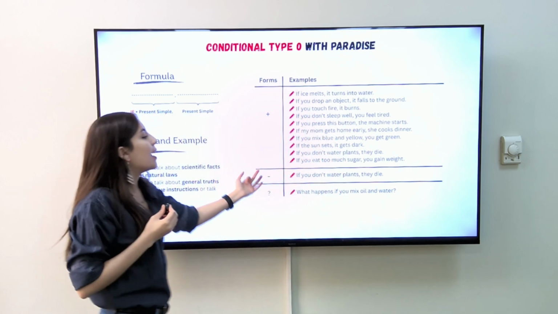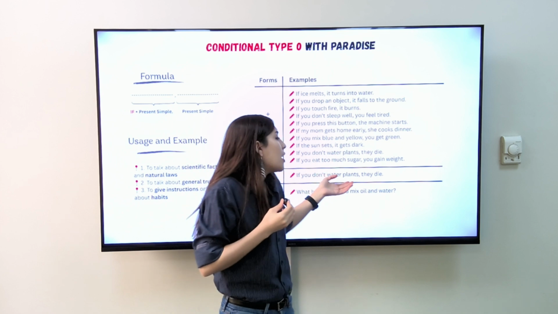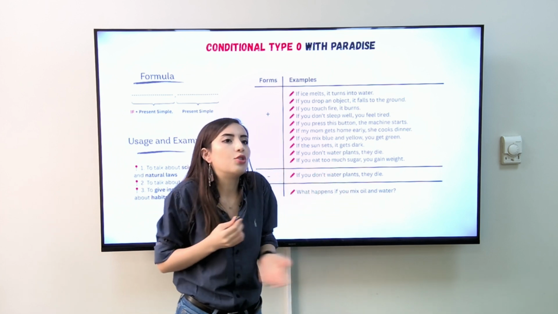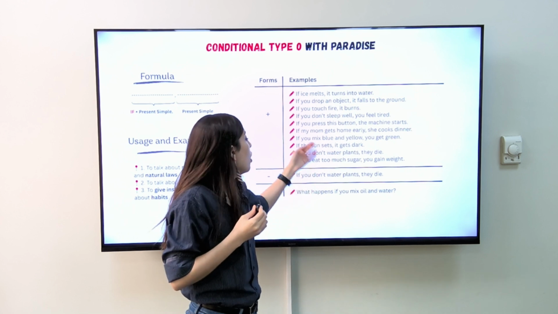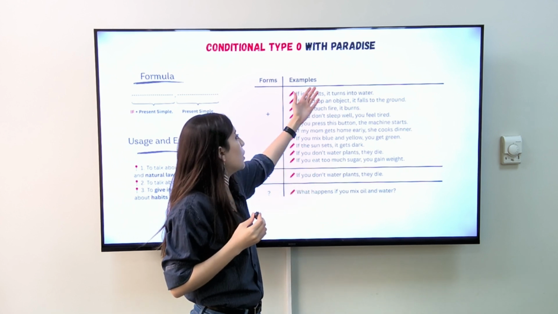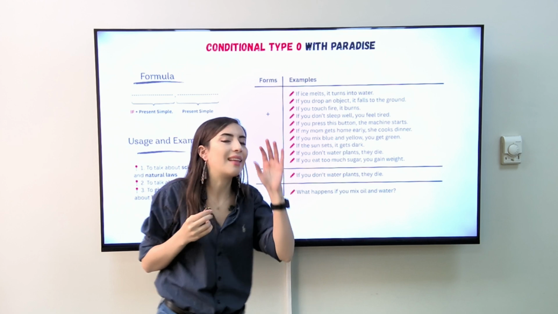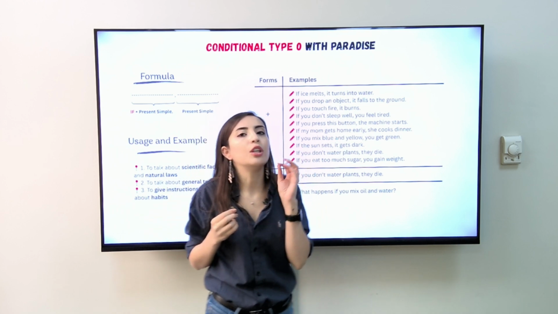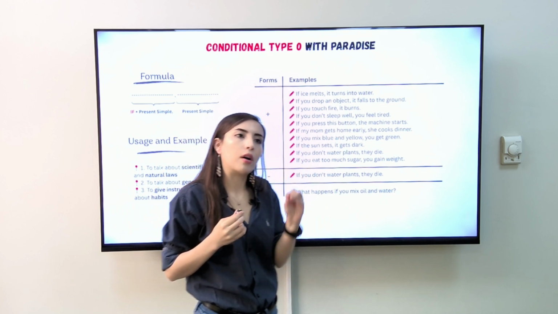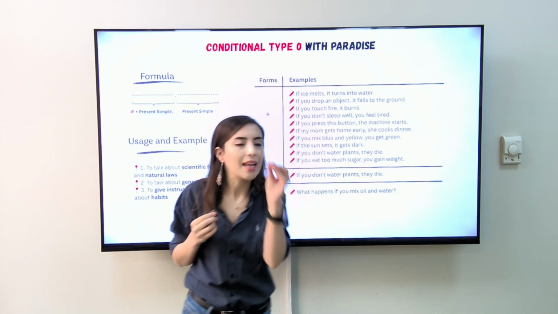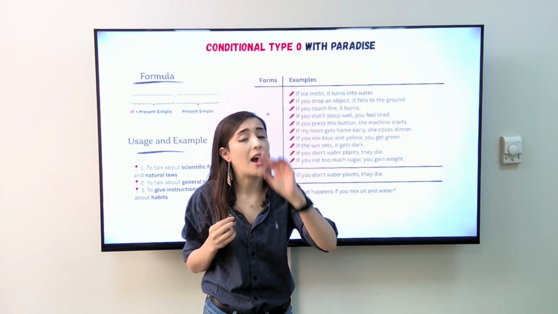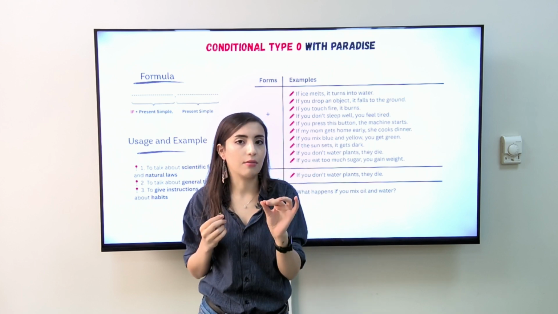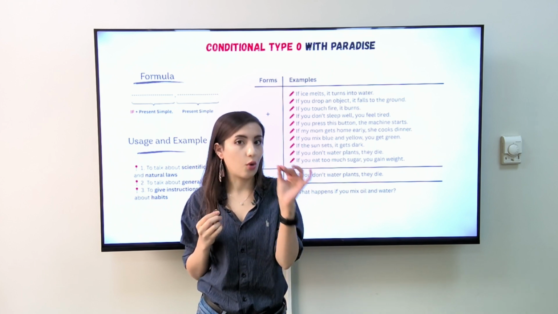For making it negative: if you don't water plants, they die. If you don't do that. Okay, so the formula that we use for simple present: when I say I eat something, when I want to make it negative, I use the auxiliary verb do or does.